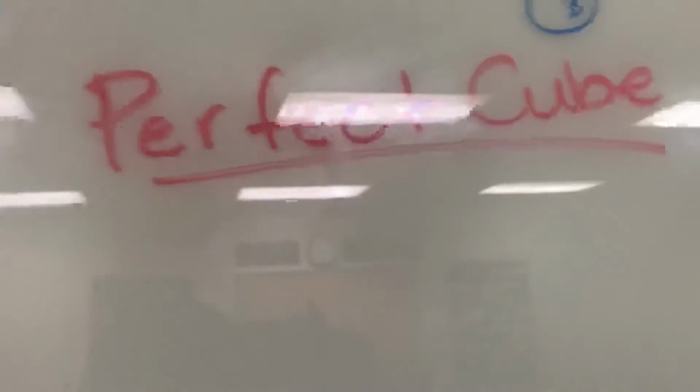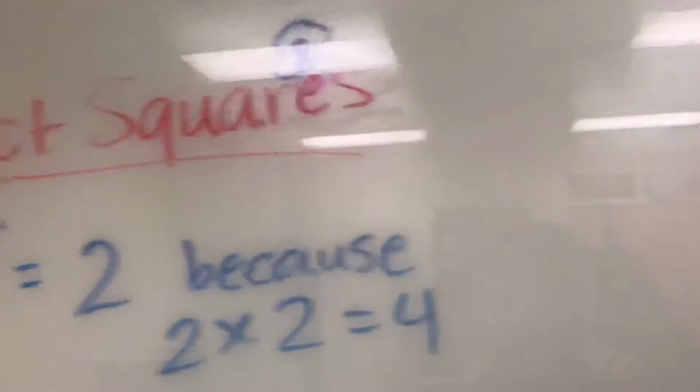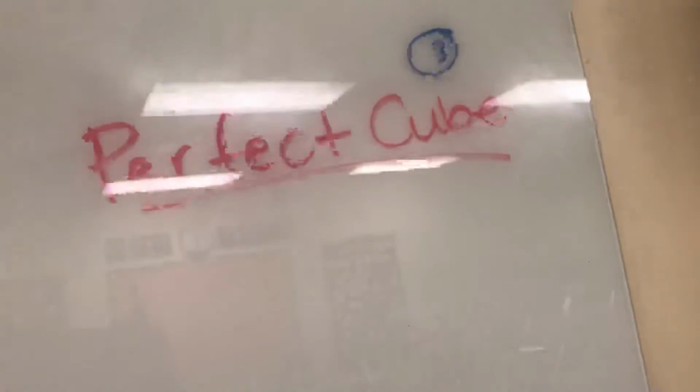And when we think of cubes, we're going to think of the number 3. Okay, because that's what it stands for. Squares, 2, cubes, 3. And this is what distinguishes this from a square root. It has to have that 3 in there, otherwise it's just a square root rather than a cube root.